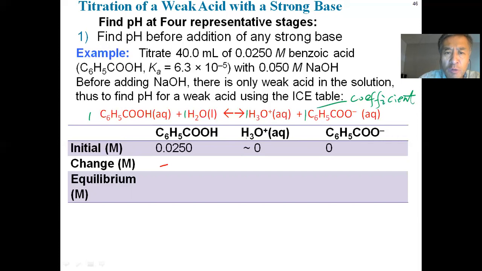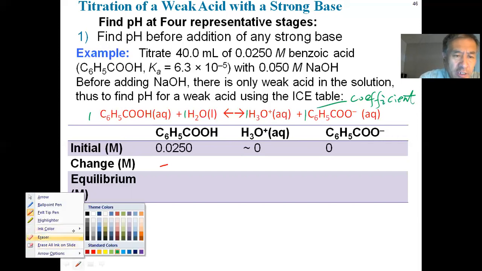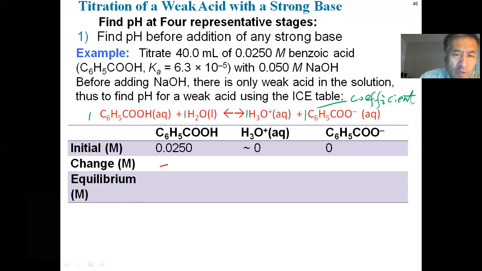So when you see a 1, you just write 1x, negative or positive depending on whether it is a reactant or product. So this is negative 1x, and this will be plus 1x, and this will be plus 1x.